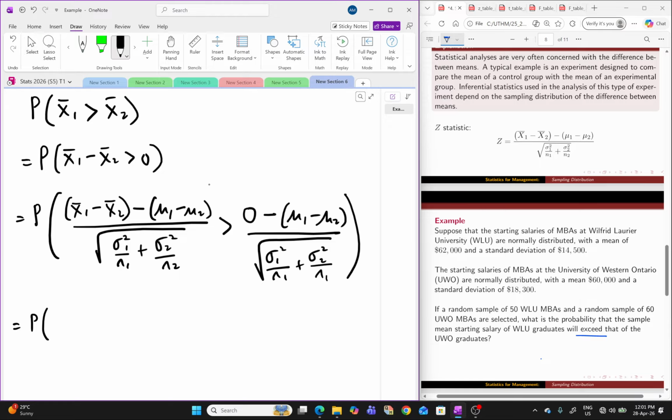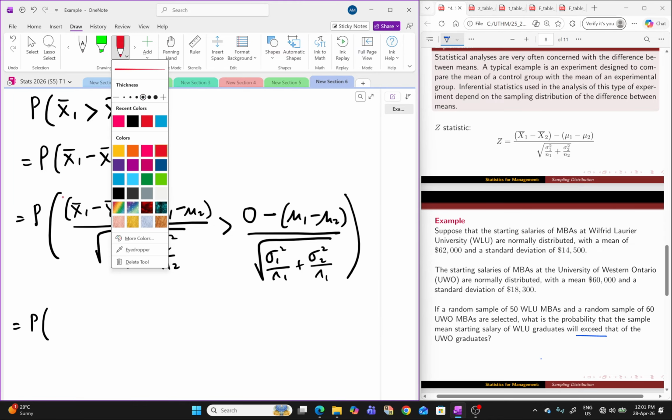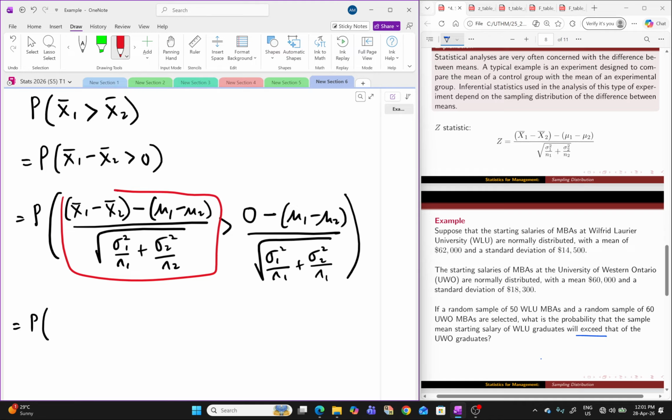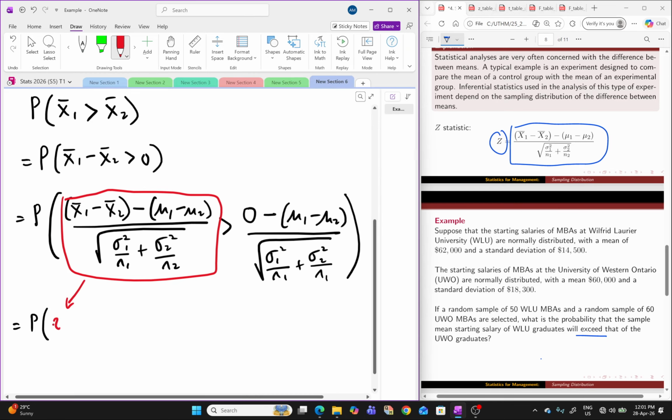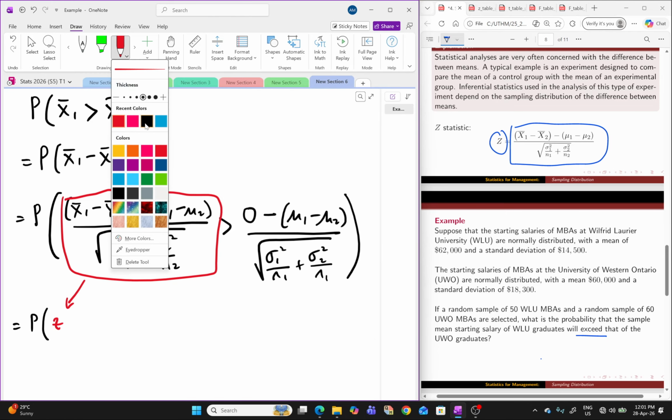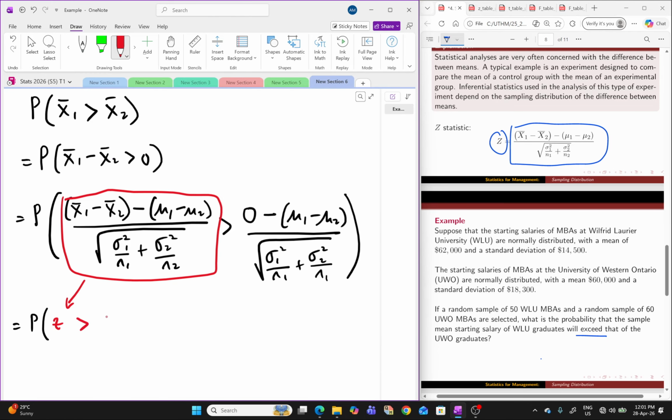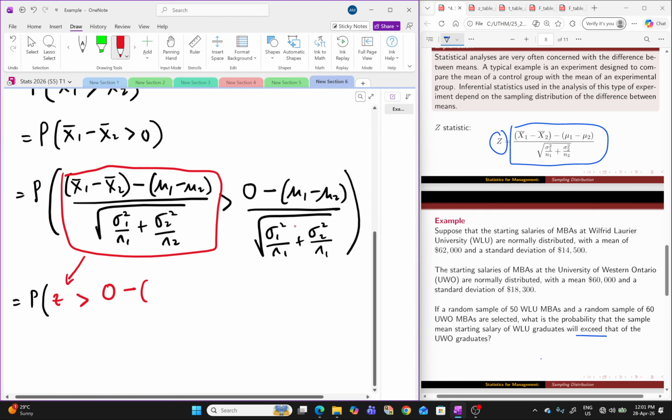Right. So once you write this, what is this actually? Kenapa tiba-tiba pink? What is this? This is Z. So right here is Z. And then the rest. Just now, what is our mean one? Mean one is 62,000.